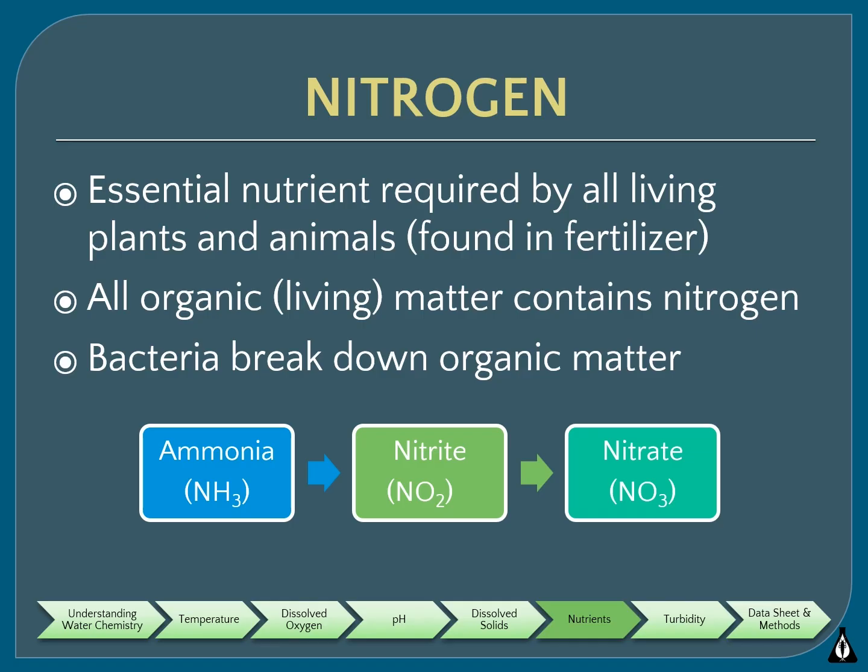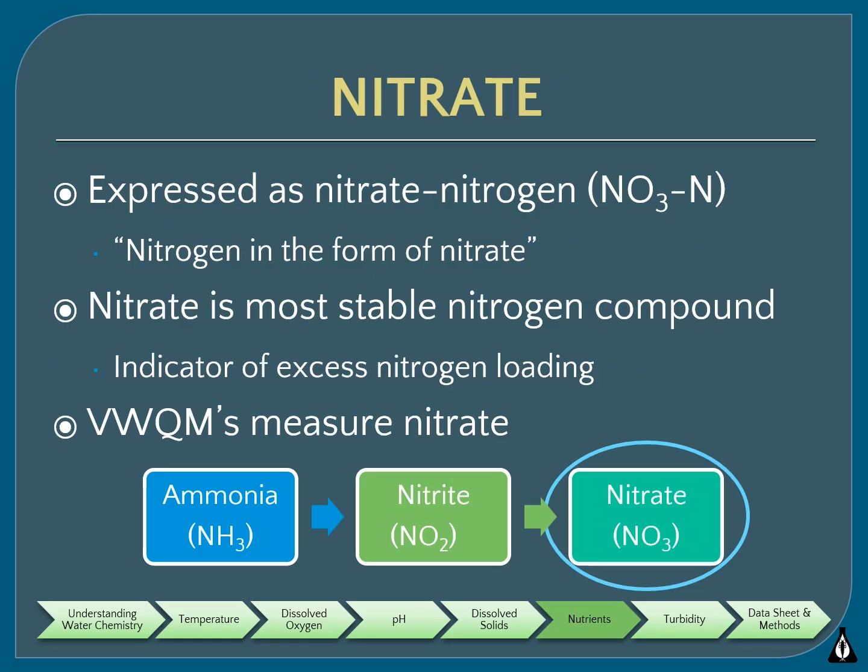VWQM monitors measure nitrogen in the form of nitrate, which is expressed as NO3-N, or nitrate as nitrogen. Since nitrate is the most stable nitrogen compound, it can be an indicator of excess nitrogen loading.